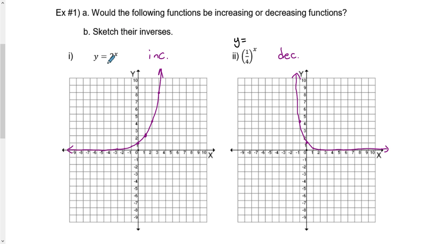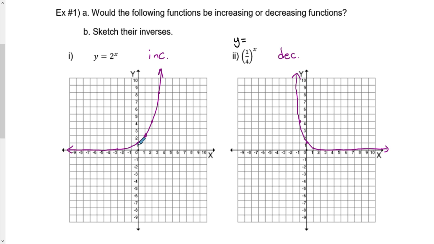But now what we're going to do is sketch their inverses. Now remember that to sketch an inverse, either we switch our x and y and then we solve, and I'll show you with the equations what that actually looks like. As well as there's the other alternative of switching our x and y coordinates.